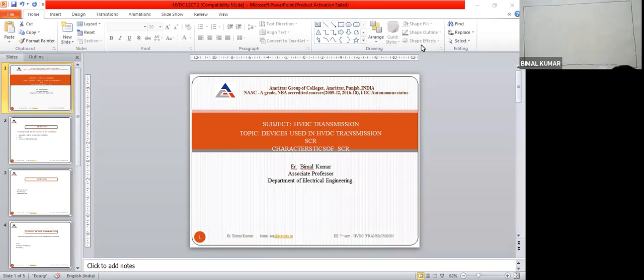Whether diode or SCR, both are semiconductor devices, and they may be manufactured by the combination of some p-type material as well as some n-type material, right?